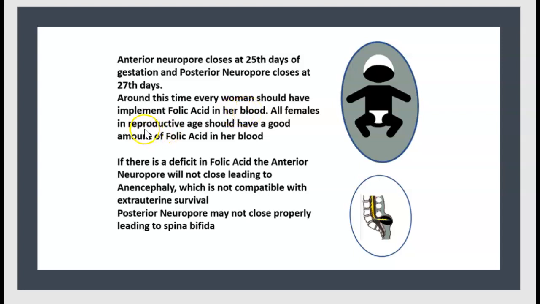All females of reproductive age should have a good amount of folic acid in their blood. If there is a deficit in folic acid, the anterior neuropore will not close, leading to anencephaly, which is not compatible with extrauterine survival. The posterior neuropore, on the other hand, may not close properly, leading to spina bifida.